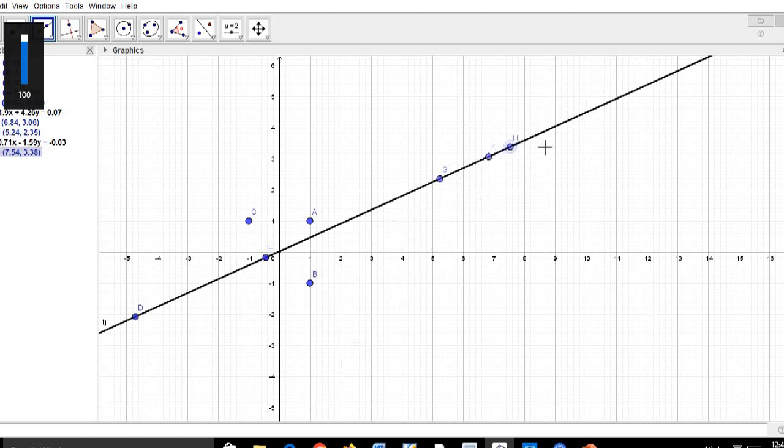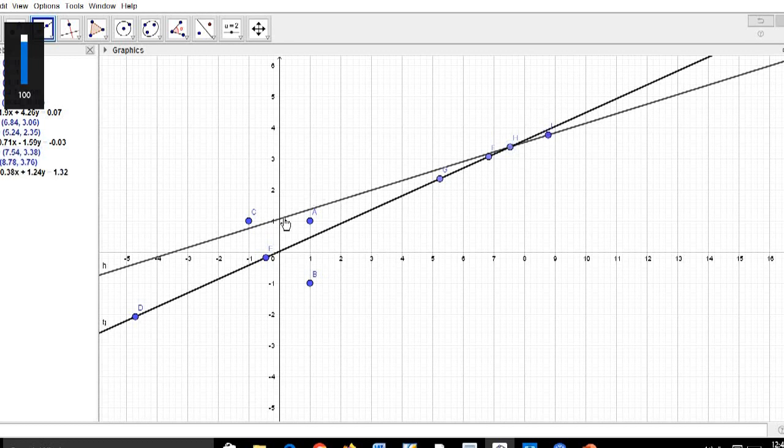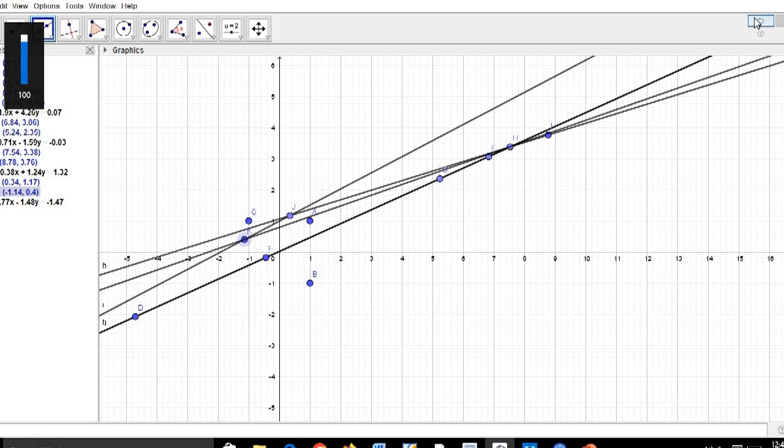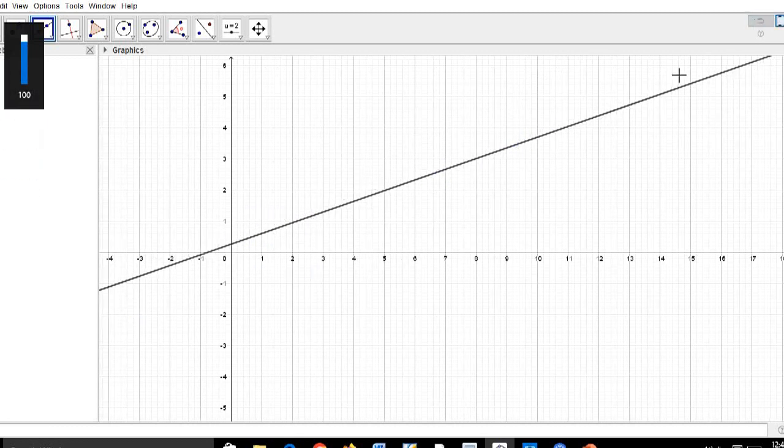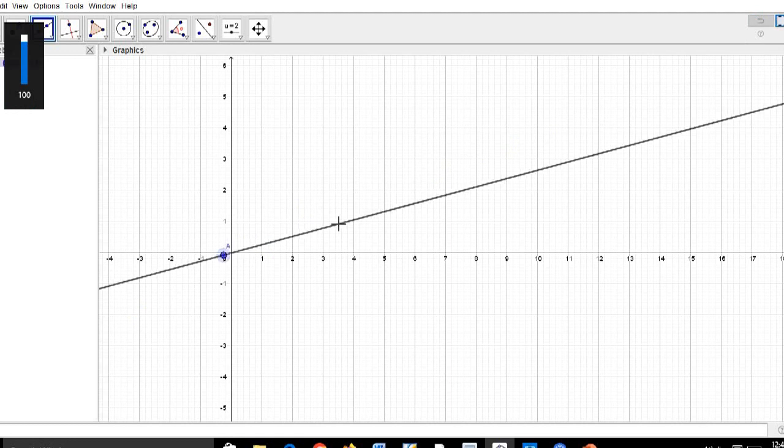Let's have the line. Good. Now from this line, if we are to do a reflection on the line y equal to x, you see that the coordinates will simply change from (x, y) to (y, x).